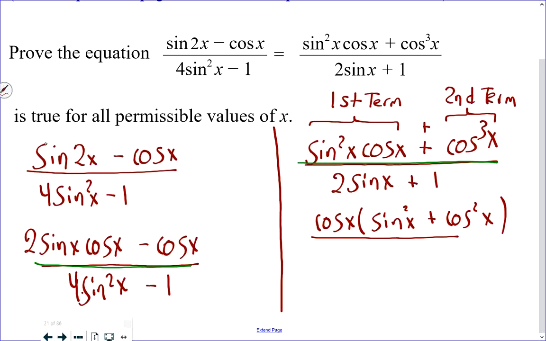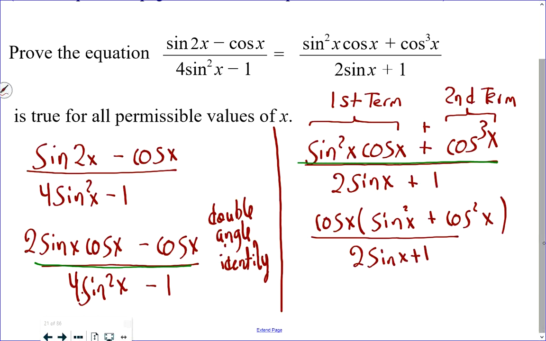Speaking of which, I should have put double angle identity here. Or again, if you don't remember the names of them, write out the identity you used. Over 2 sine x plus 1.